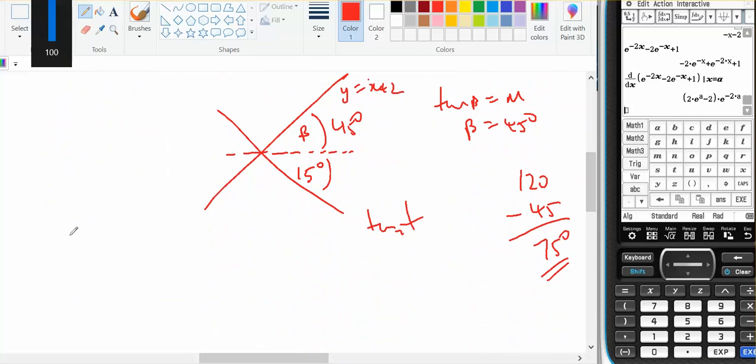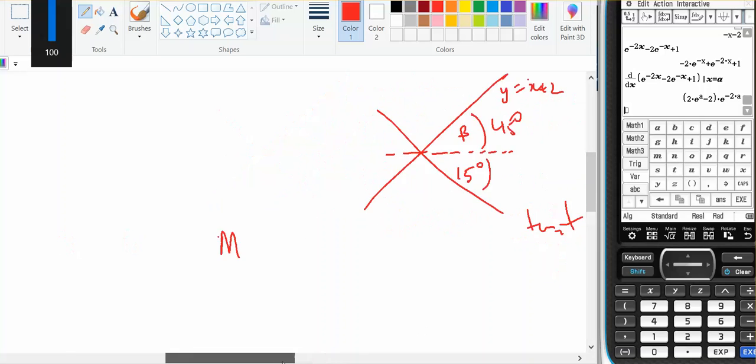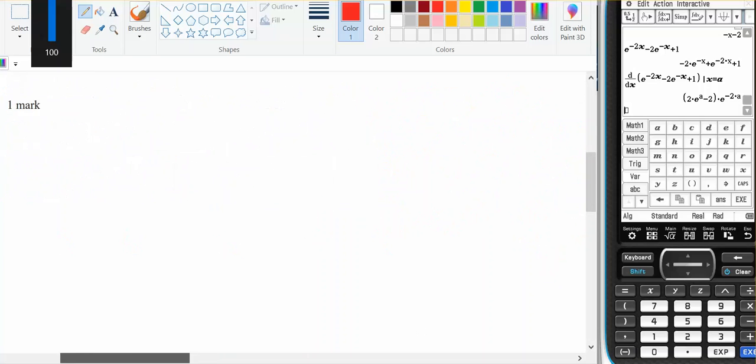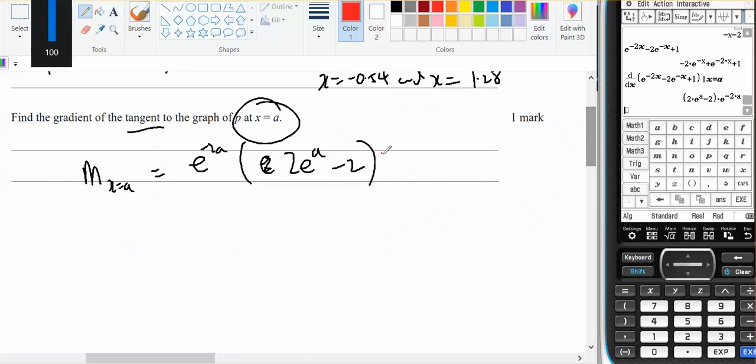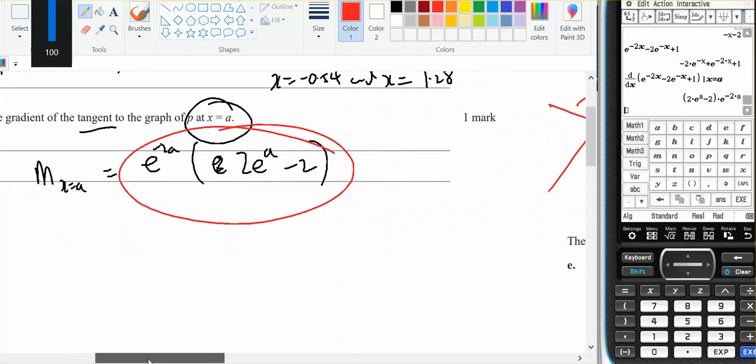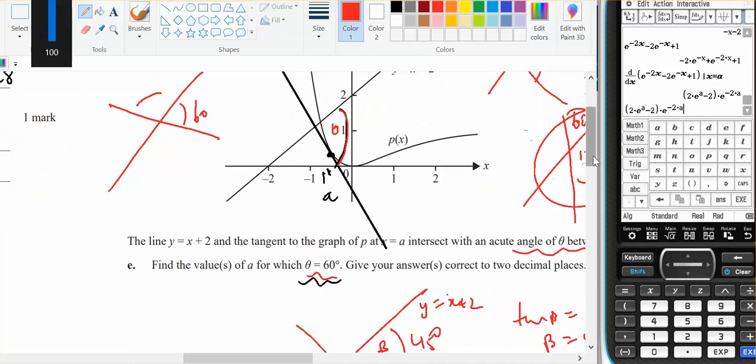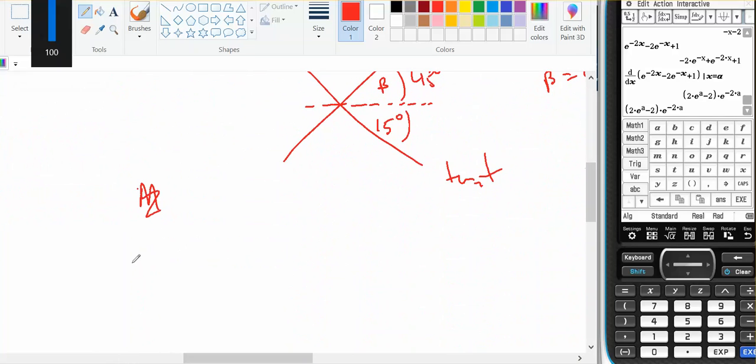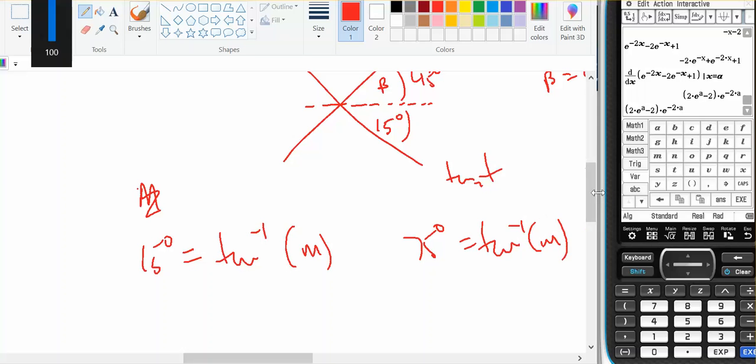Okay, I know the gradient of that line is what they got me to calculate over here. There it is there. That's why they asked me to do that. So I want 15 degrees to equal the inverse tan of the gradient, or 75 degrees to equal the inverse tan of the gradient. I'll accept either of them.